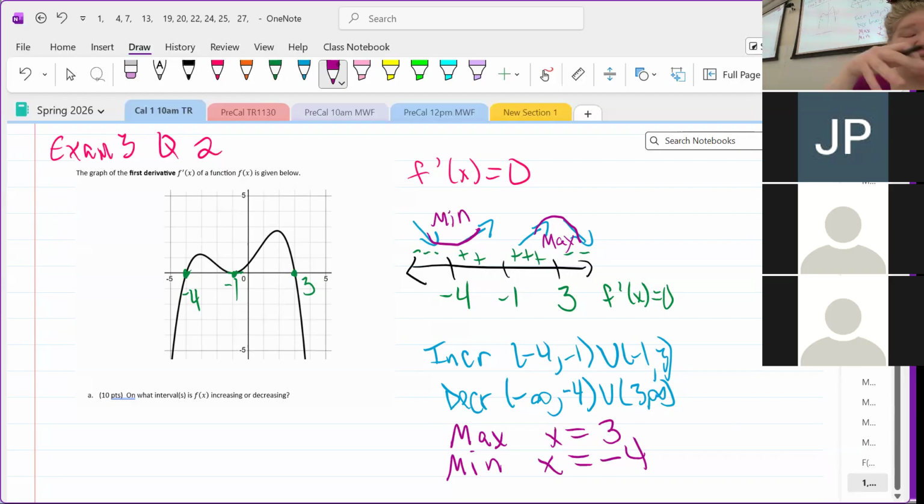But it really came down to whether you were reading it as the function or as the derivative. If you read it as the function, the answers were just completely off. So this one ended up being almost all or nothing. I had some people do half and half, which was a little weird.